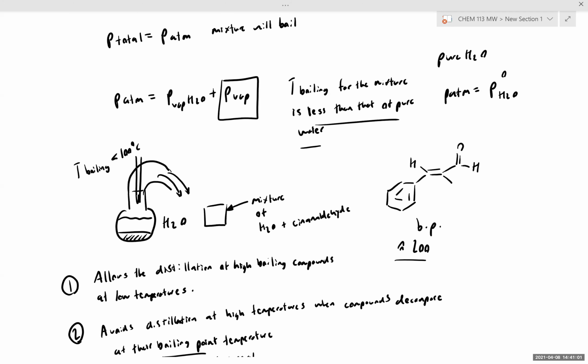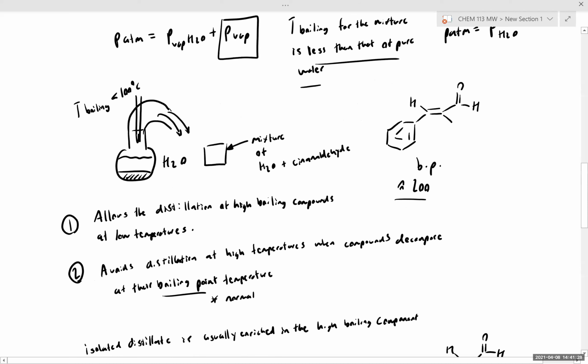And the real beauty of this method is that cinnamaldehyde naturally has a boiling point of around 200, and it allows us to distill over cinnamaldehyde as a mixture with water at a substantially lower temperature. And this only works because cinnamaldehyde and water are immiscible in the liquid phase.